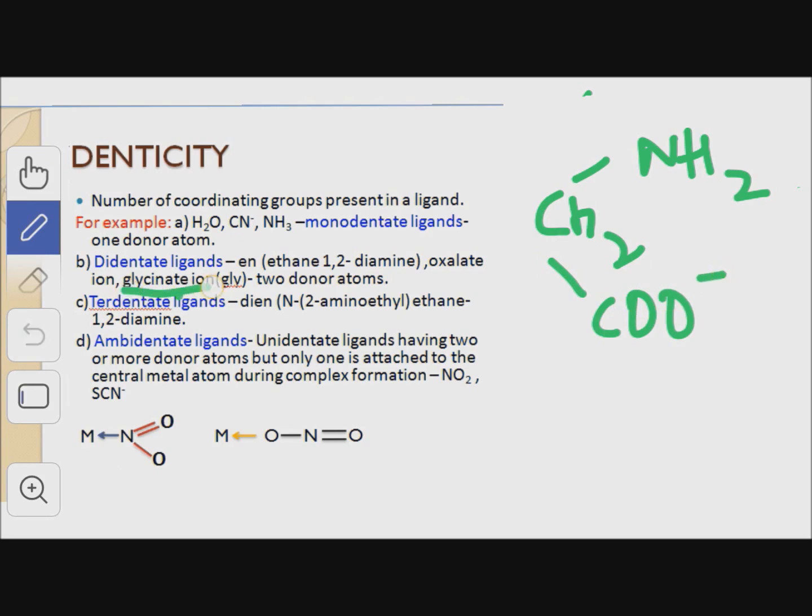This is the glycinate ion, in which two donor atoms are present. One is oxygen and the other one is nitrogen, which form two coordinate bonds with the central metal atom.